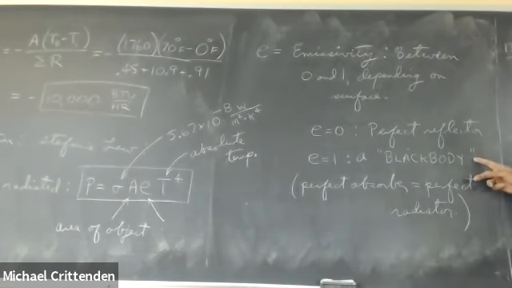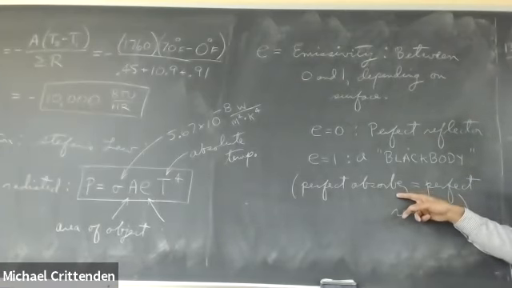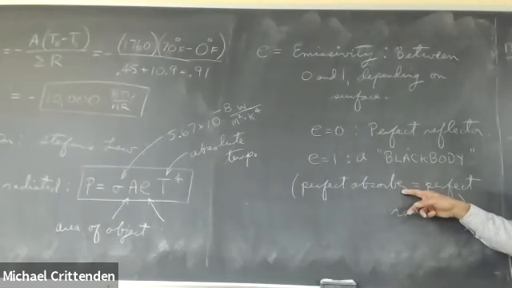A black body is called a black body because the thing that's black about it is it's a perfect absorber. It absorbs 100% of the radiation that hits it. A black body would also be a perfect radiator.